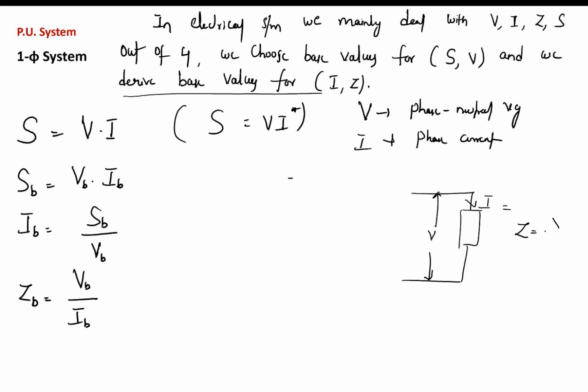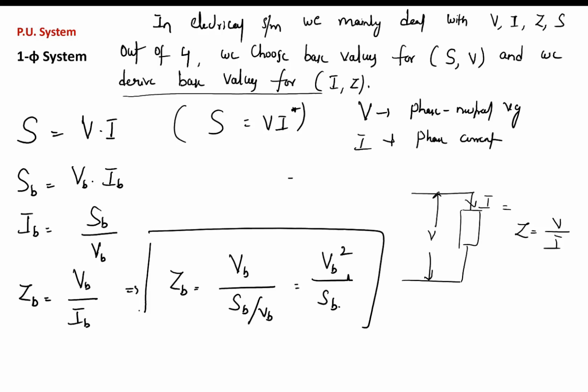Then Z is given by V divided by I. So in a single phase circuit, ZB is given by VB divided by IB, which I can write with IB as SB divided by VB, which will give you VB square divided by SB. So Z base is given by base voltage square divided by base power. That is the first relationship which you have to remember.